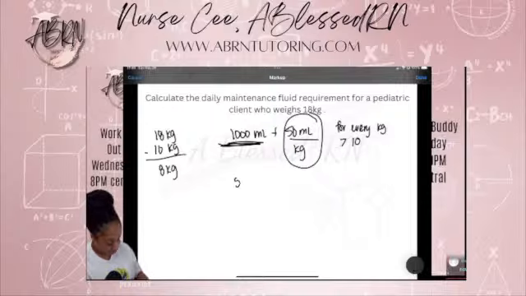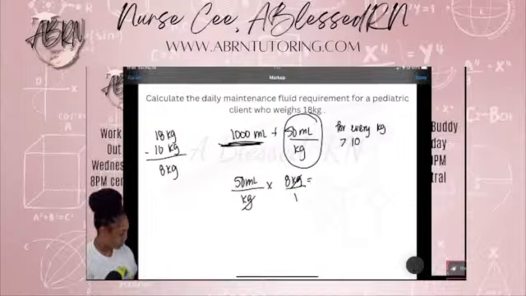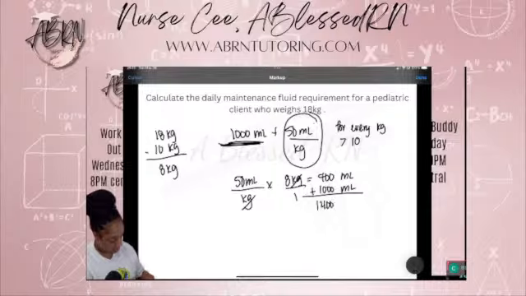So we'll do 50 milliliters per kilogram, with kilogram at the bottom, so we'll put our 8 kilograms at the top. Kilograms cross out, and 50 times 8 is 400. Then we add the 400 to the 1,000 they automatically get, and that'll be 1,400 milliliters that this pediatric patient would need for fluid maintenance.